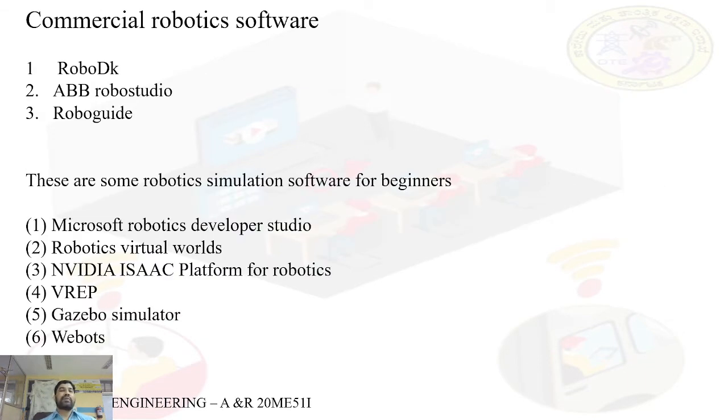The commercial robotic software include RoboDK, ABB RobotStudio, or RoboGuide. So these are some commercial robotics simulation software available in the market.